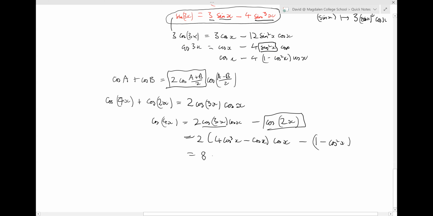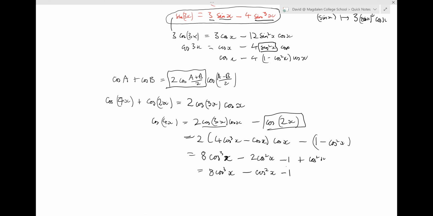So I can write this as 8 cos cubed x ... sorry, this needed a 3.